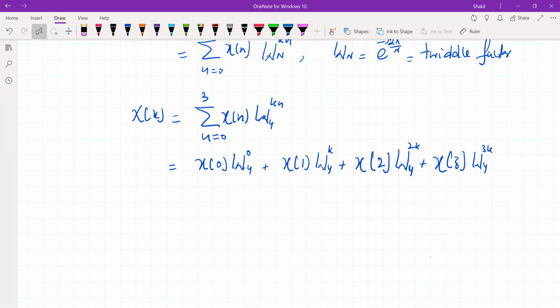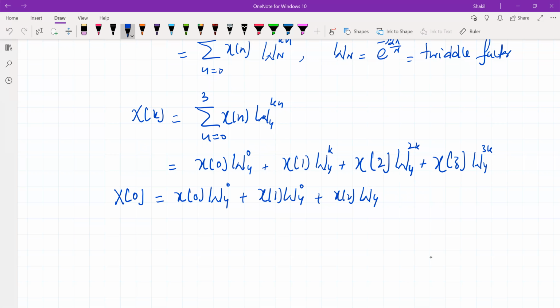Now we'll substitute the values of k. When k is equal to 0, that gives us the first sample of this discrete Fourier transform. So this is x of 0 W4 to the power 0, x of 1 W4 to the power 0, x of 2 W4 to the power 0, x of 3 W4 to the power 0.